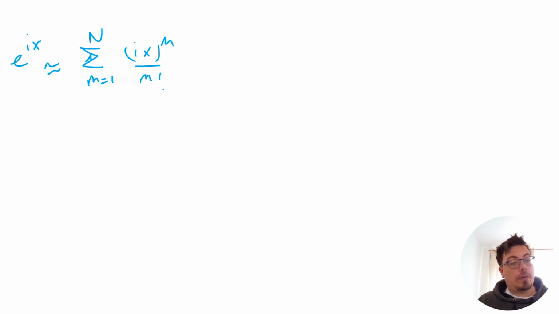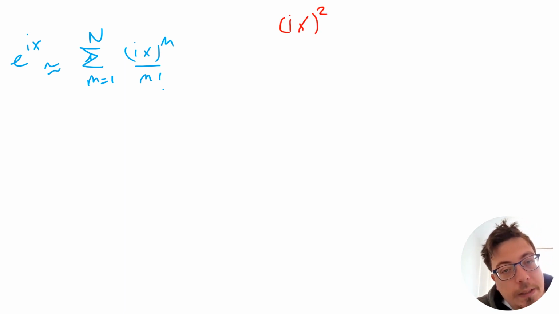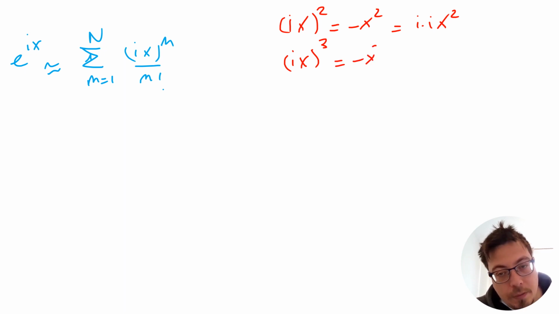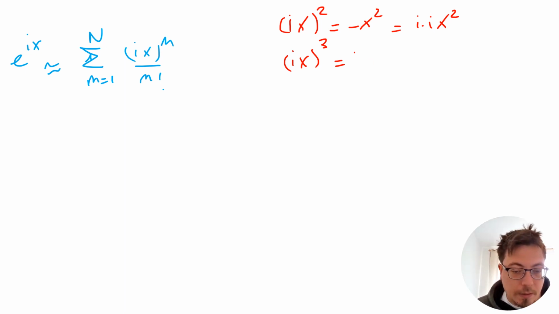Okay, so let's see. We remember that i to the x squared, for example, is minus x squared because it's i times i x squared, and therefore e to the ix cubed is minus x squared because, well, let's do, sorry, I want to do step by step so that I don't make mistakes.